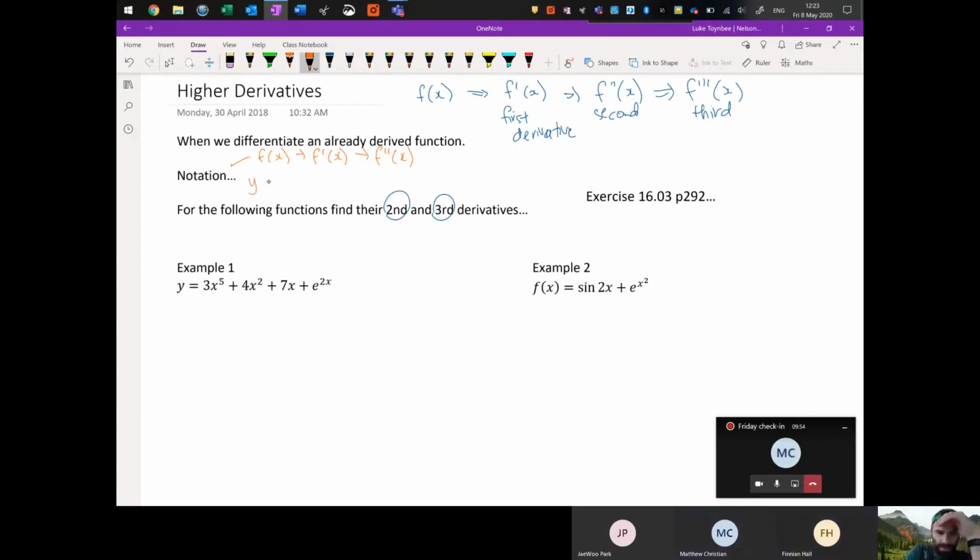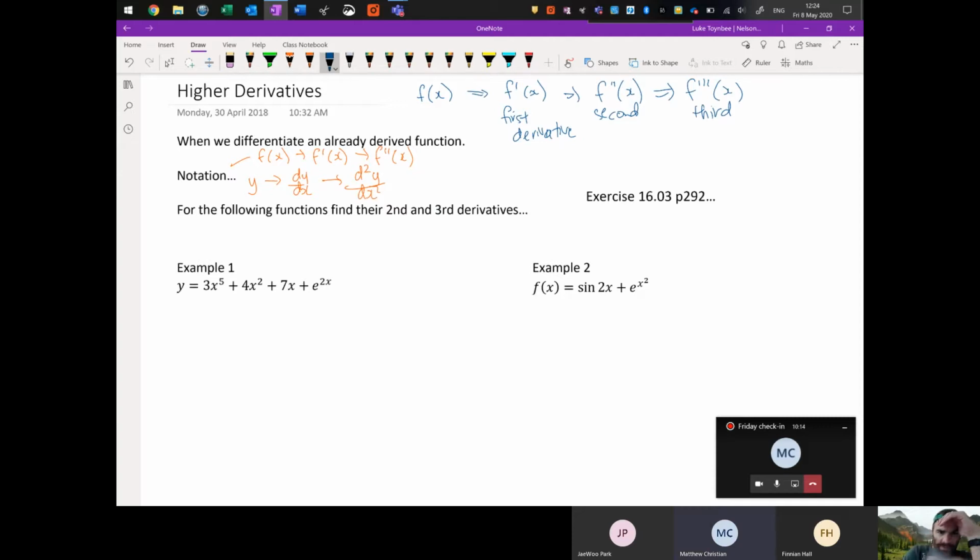If I've got y and I differentiate y, I get dy by dx. If I differentiate again, I differentiate y with respect to x again, so I get d squared y over dx squared.